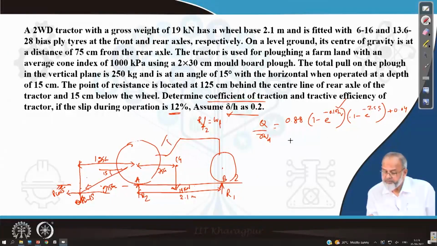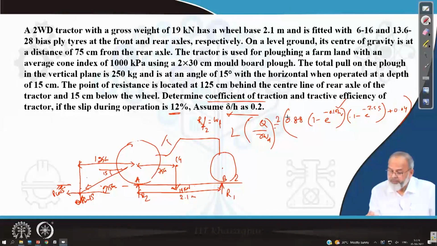Putting it in, we can find the torque ratio for one wheel, and if you multiply with 2, that will give you the total tractive force developed, the total gross traction in the rear wheels.